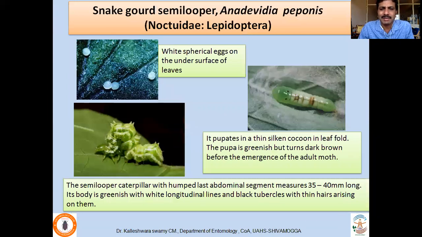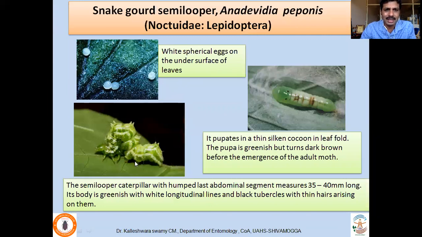Another specific pest which infests the snake gourd but also attacks the bottle gourd to some extent is Anadevidia peponis. This belongs to subfamily Plusiinae of Noctuidae. The adults lay whitish eggs on the undersurface of leaves. It is a very characteristic semilooper, you can see here.